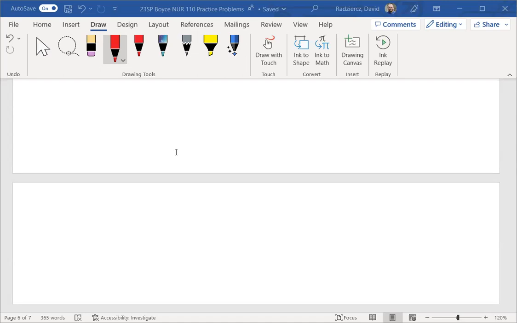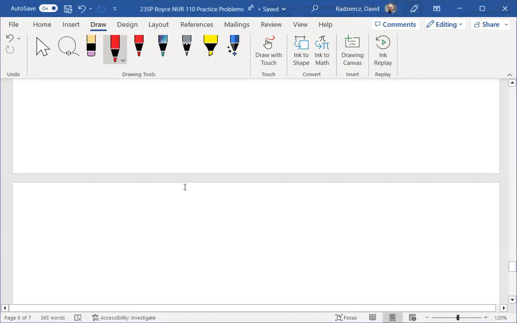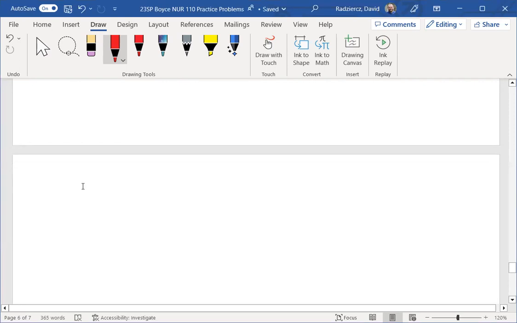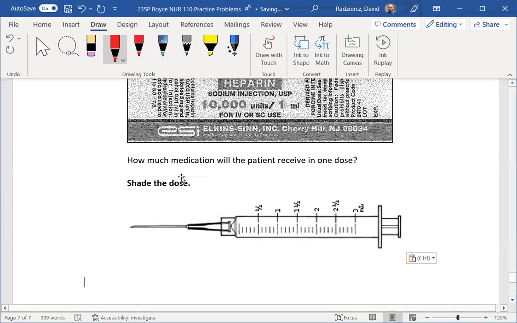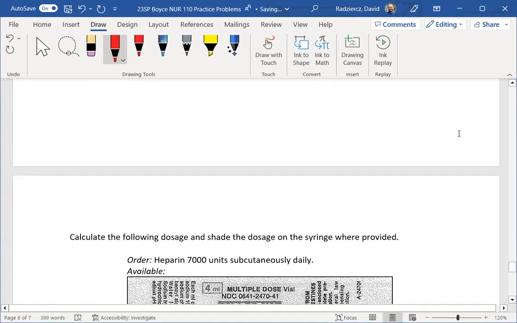Okay, here's a good one with heparin. Give me one moment. Okay.